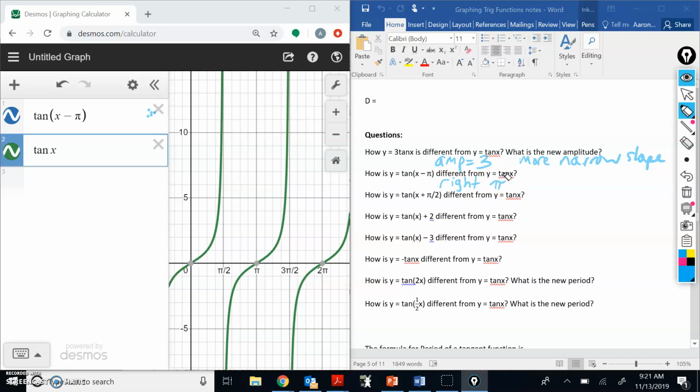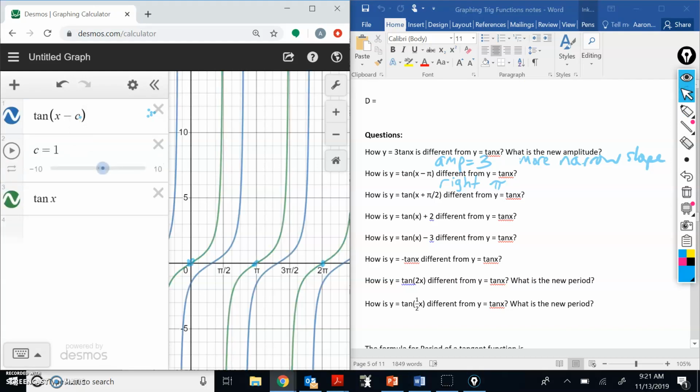And because each graph was moved right pi, it kind of overlaps each other since each of these green graphs occur at every pi value. So even if we did move it right pi, you can't really see it because it's being overlapped.